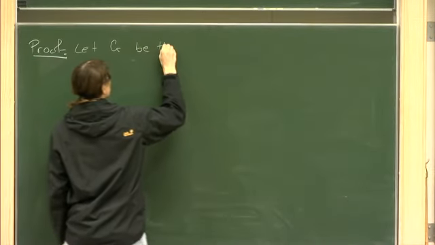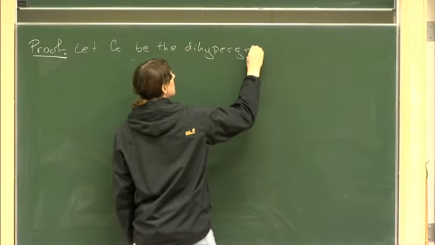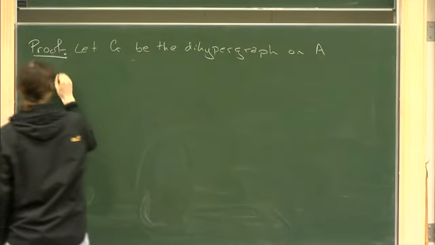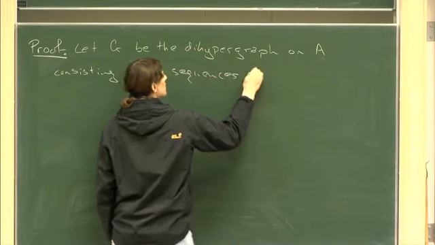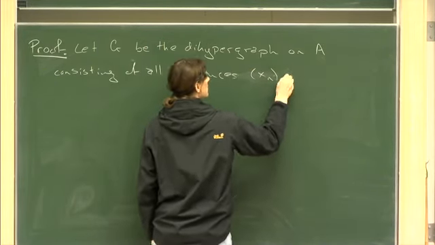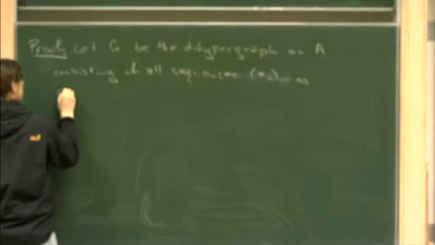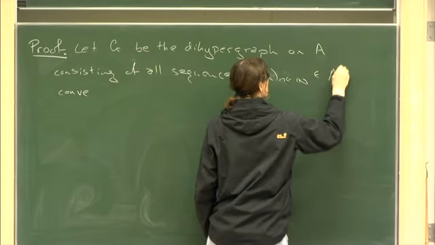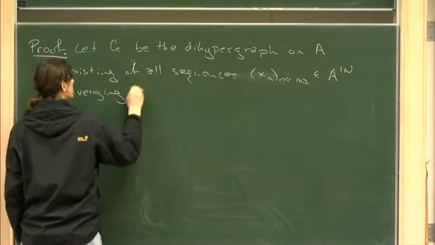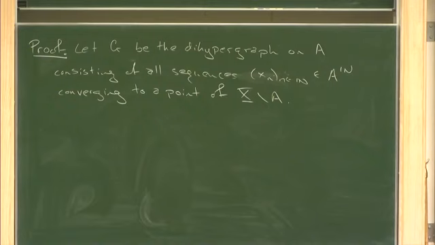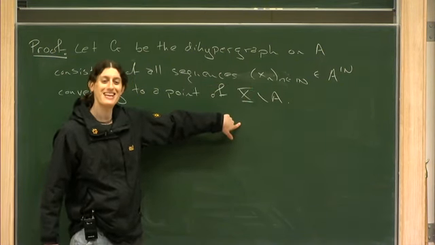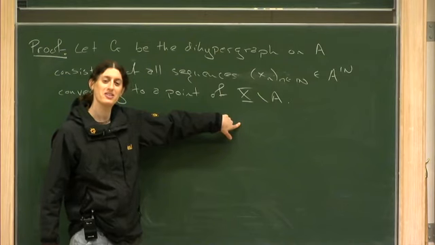Let G be the dihypergraph on A consisting of all sequences x_n in A^ω converging to a point of X minus A. If you've got a subset Y of A on which this graph is trivial, that's an independent set, then the fact that there are no such sequences in there tells you that its closure is contained in A. So if your chromatic number is countable, then you're the union of countably many closed sets.